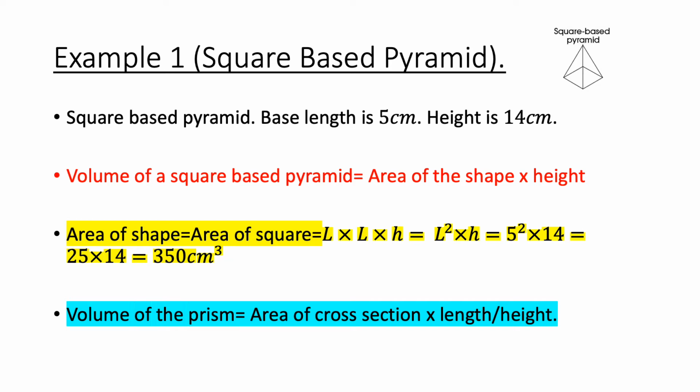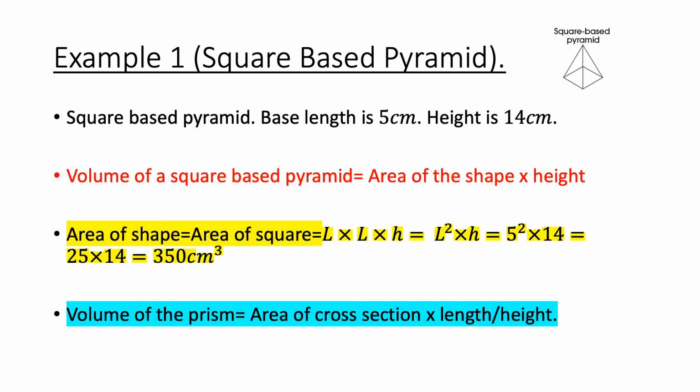The volume is the area of the cross-section, which is the square, multiplied by the height. The area of the square is length times length, which is length squared, times height. So it's 5 times 5, which is 25, times 14, which is 350 centimeters cubed. Remember that volume is centimeters cubed, guys.